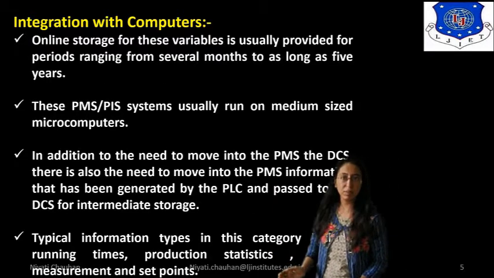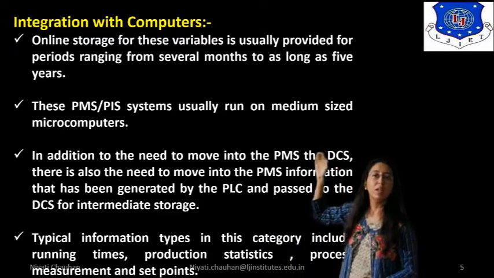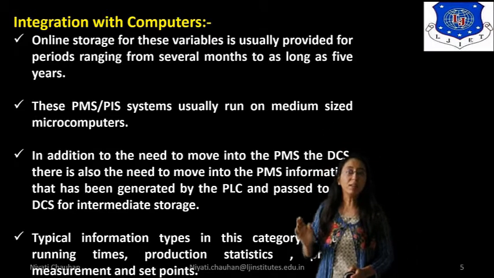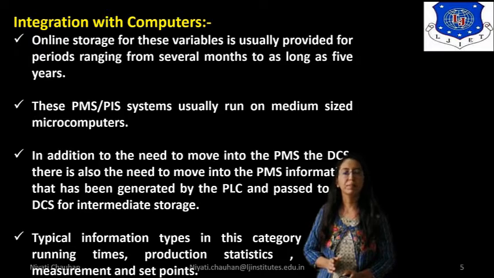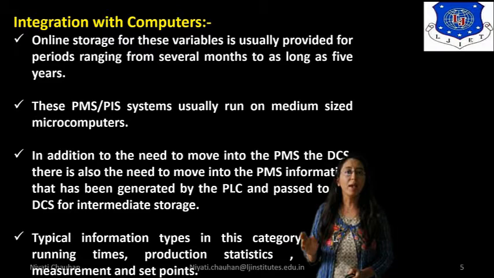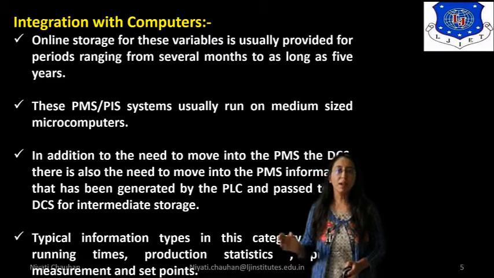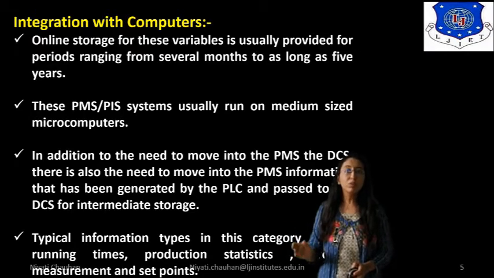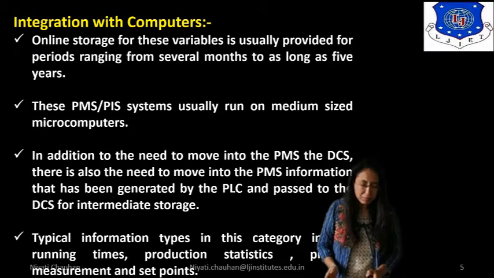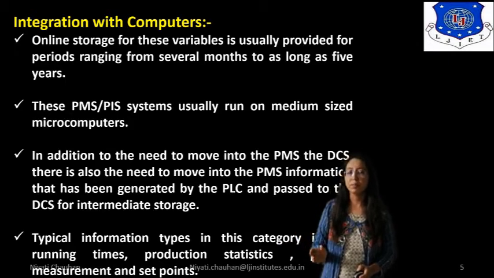Next, online storage of these variables is usually provided for periods ranging from several months to as long as 5 years. These PMS and PIS systems usually run on medium-sized microcomputers.